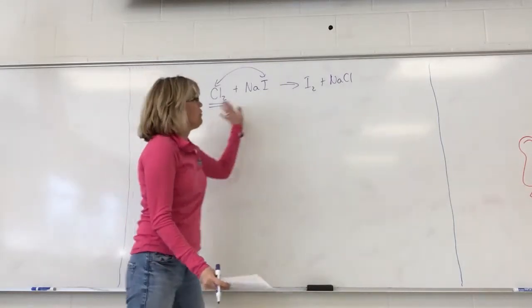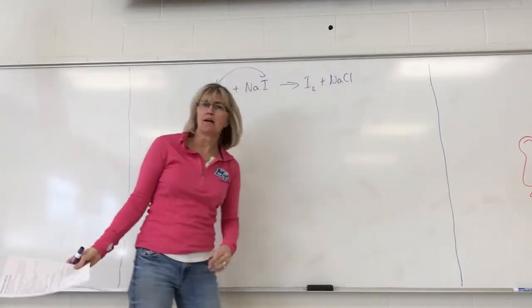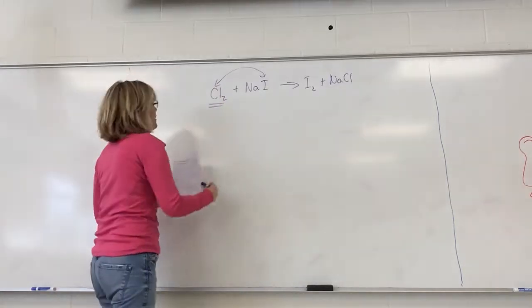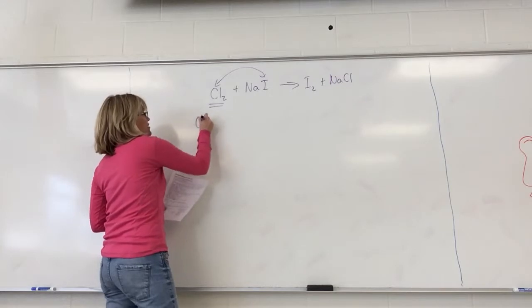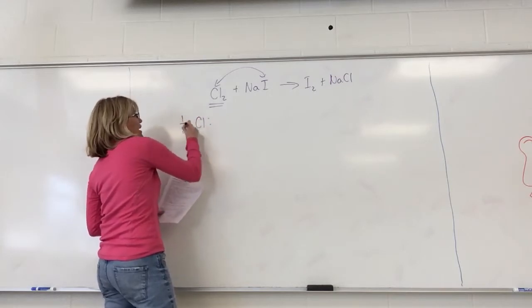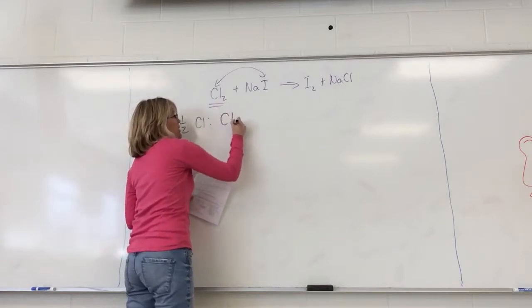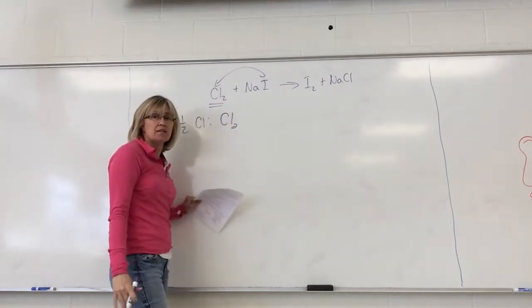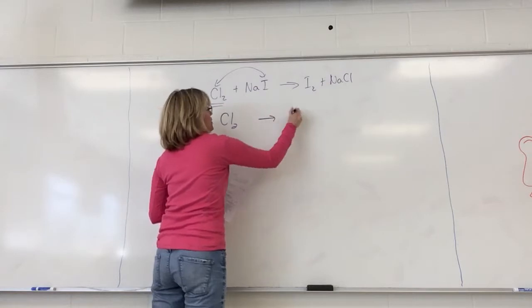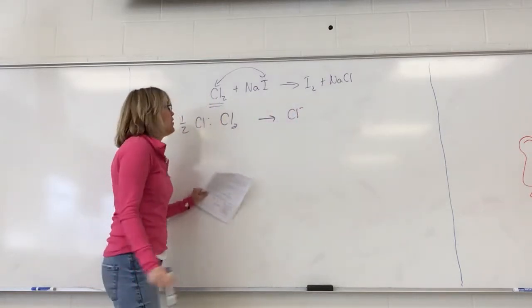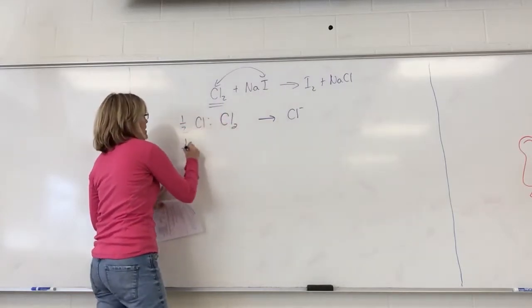Now if I were to say, is this a redox reaction? Well, we'd have to say, was there a transfer of electrons? So let's look at each species. The half reaction for chlorine: chlorine went from elemental state, that was neutral, to a -1. Now let's look at what happened to the iodine.